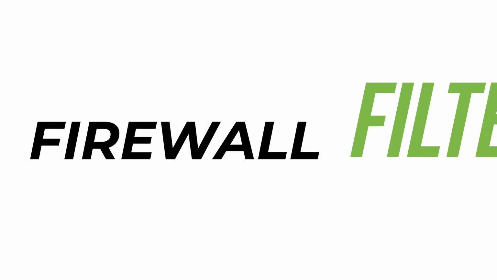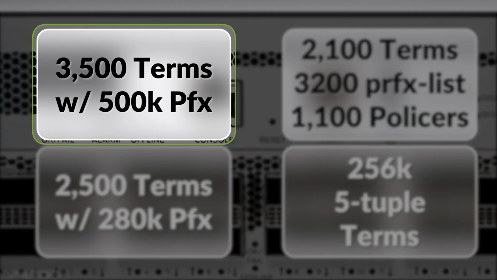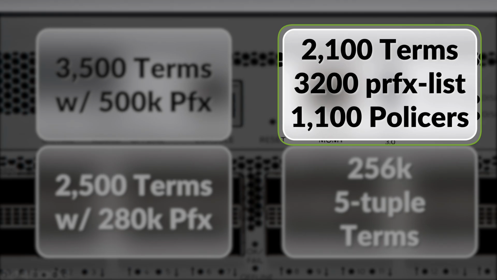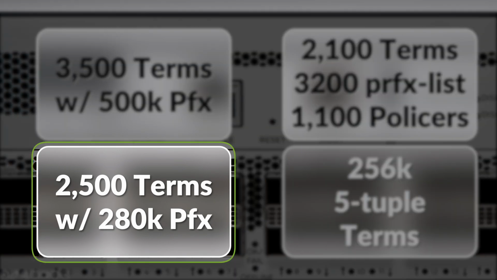Let's start with concrete customer use cases. We implement a filter with over 3,500 terms and more than 500,000 prefixes, or a filter with fewer terms but using a large number of unique prefix lists, more than 3,000 in this case, or even a very specific filter used, for instance, to offload firewall flow table on a router with more than 225,000 unique 5-tuple entries.